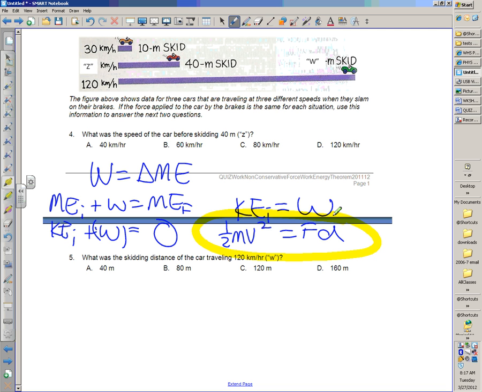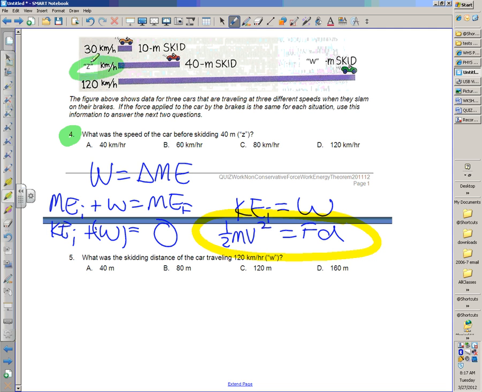Okay? So if we go to problem number 4, it says, what was the speed of the car before skidding 40 meters? So that would be the C referenced here. What do you see about the distance from the first skid to the second skid? It's longer.